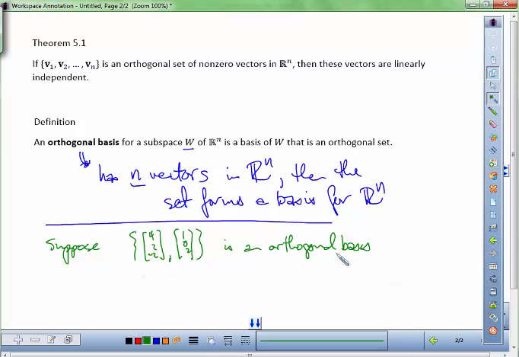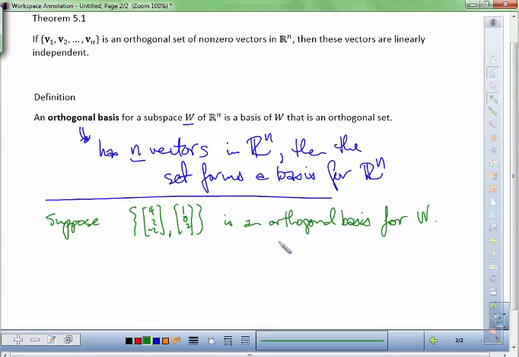So suppose this is an orthogonal basis for W, then W is a subspace, and that subspace is a plane, right? We know that this is orthogonal from the previous page. Let's just call them u and v.